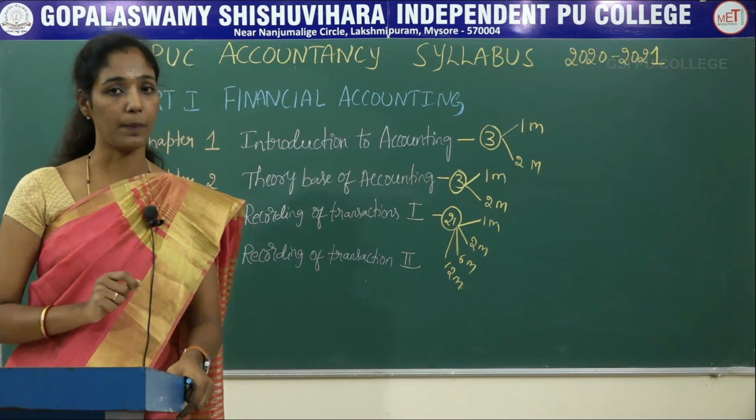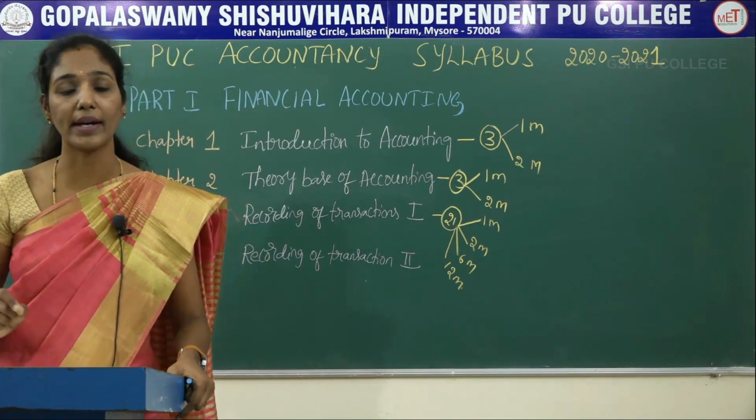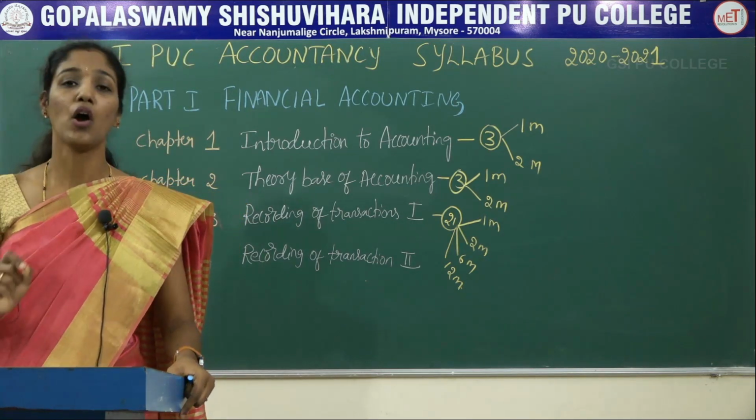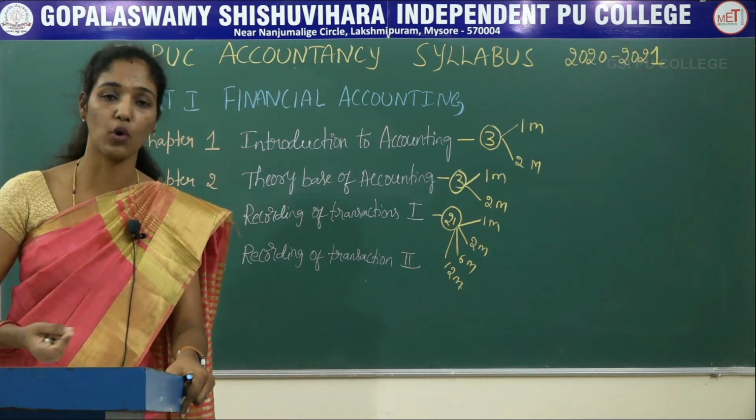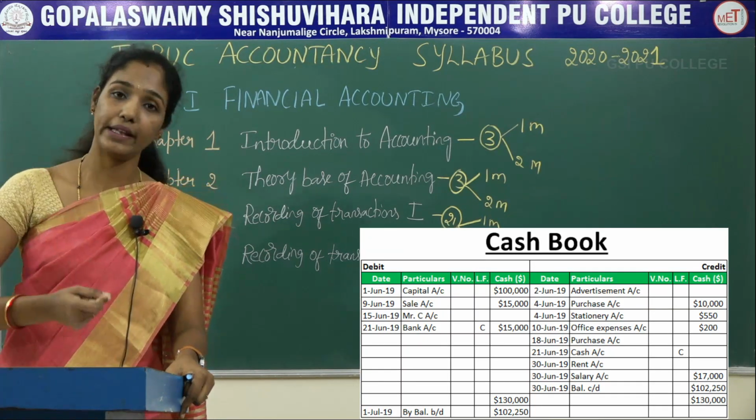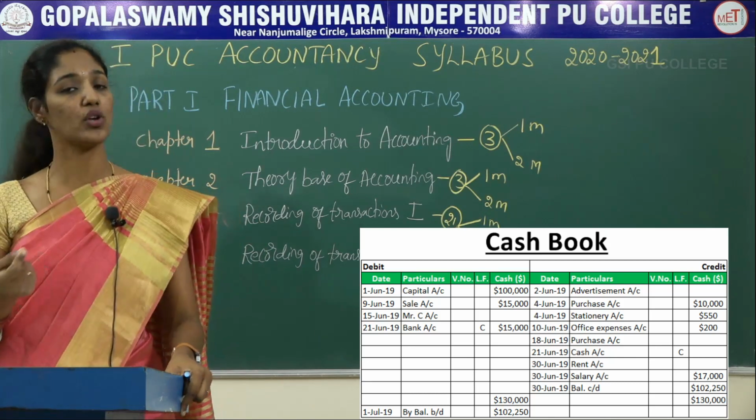So for this purpose, journal can be subdivided into special journals called cash book, purchase return book, sales return book, and journal proper.